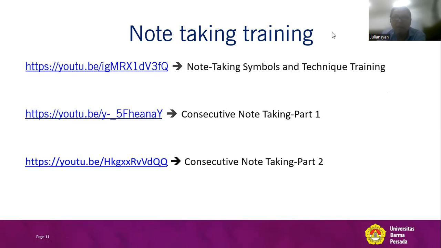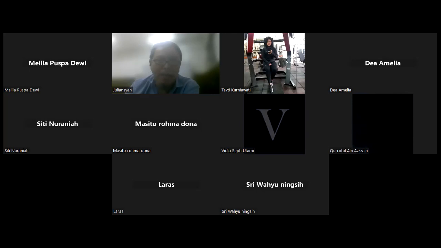But now I'm going to ask you to practice to become an interpreter. This is the rule. I want you to interpret to someone, let's say to my partner.